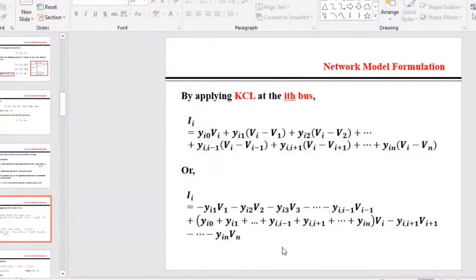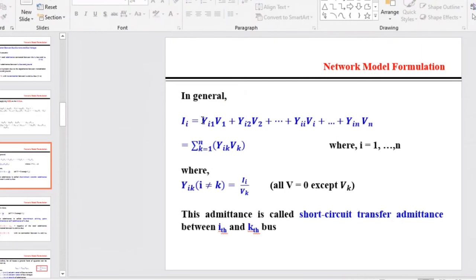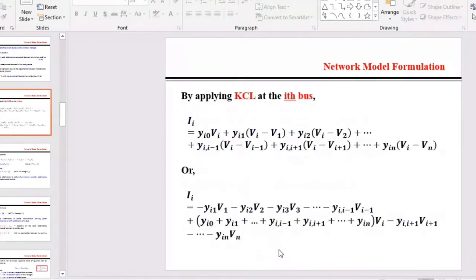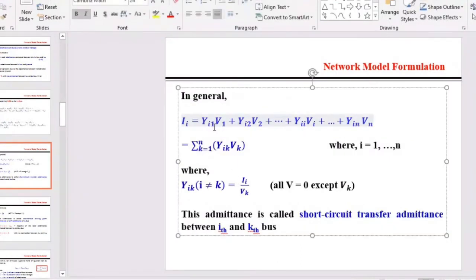Then finally we can write that equation in a simple manner where we replace those small y's by a capital Y: Yi1 V1, Yi2 V2, Yi3 V3, Yi4 V4. At some point we will reach Yii Vi, and then finally Yin Vn. So that's the general expression for the current of the ith bus, and we can simplify that one like this.